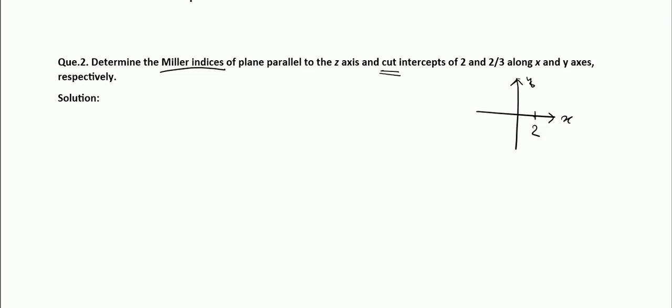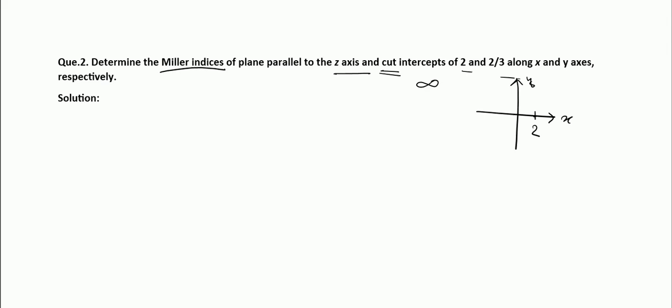Now in our question, the intercepts along x and y are 2 and 2 by 3 respectively. But what about the z-axis? Well, the plane is parallel to the z-axis, so it never intersects it. So we can think of this intercept as being at infinity, right?